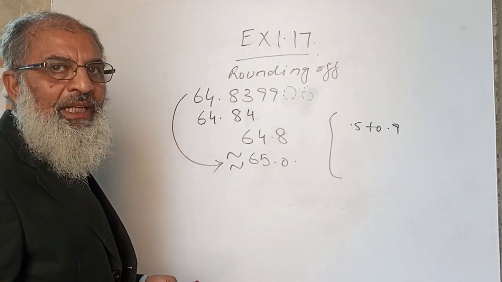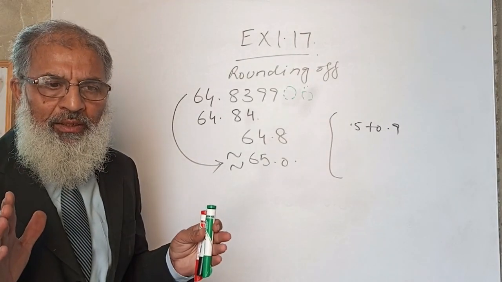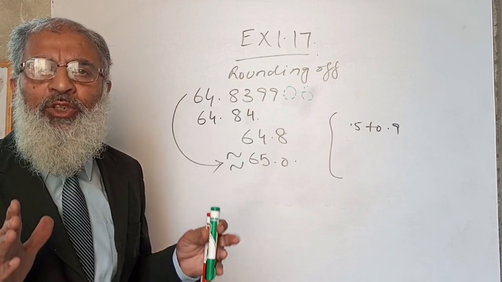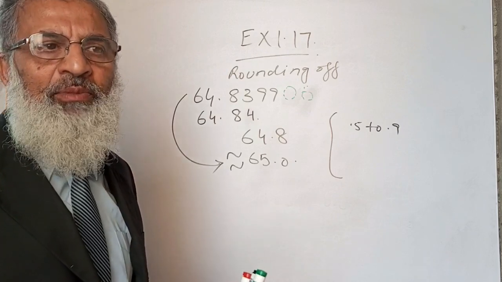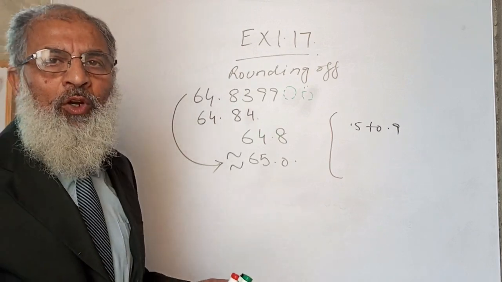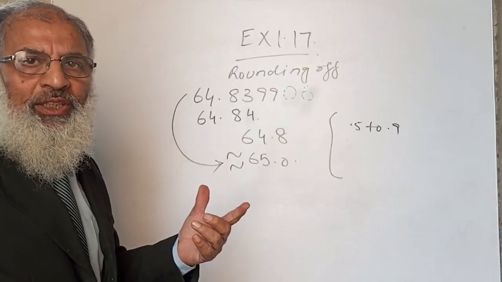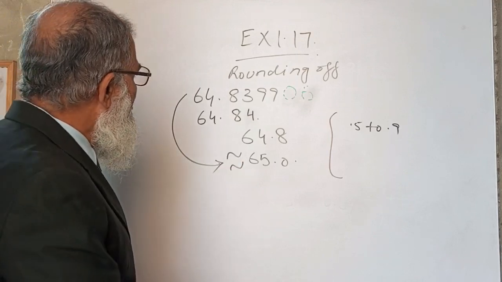Now this was a simple example. If the writer asks you to write to two significant decimal places or three significant decimal places, you have to round the number accordingly.